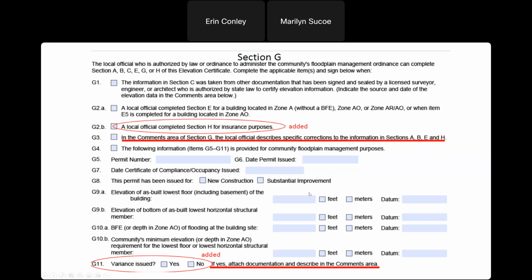Now, if you have corrections to be made to any of the elevations provided, you can include them here under G, 9, and 10. But you do not make corrections to the sections that the surveyor has completed and certified with their signature.